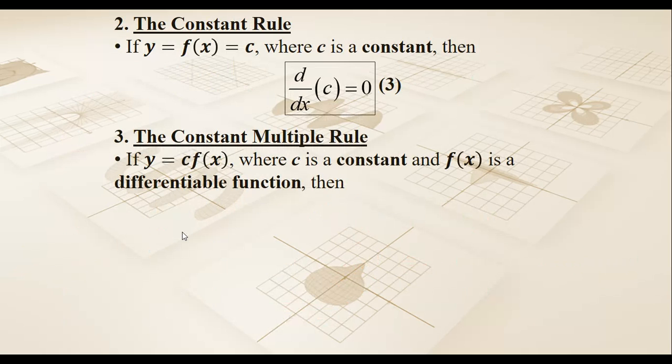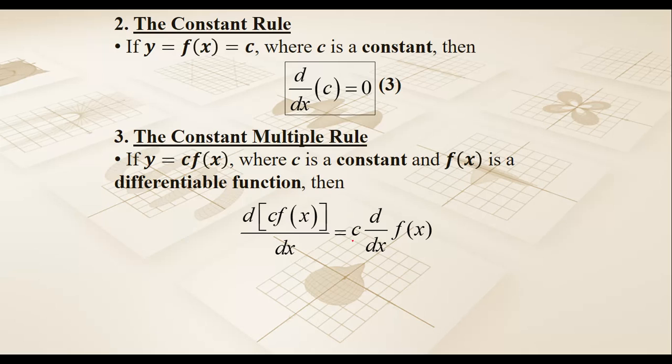It says if y is equal to c times f of x, where c is a constant and f of x is a function that you can take the derivative of, then the derivative of c times f of x with respect to x would just be equal to, it's like you can factor the constant out. You can pull the constant out of the derivative part of the equation, and you can just figure out what the derivative of the function is.